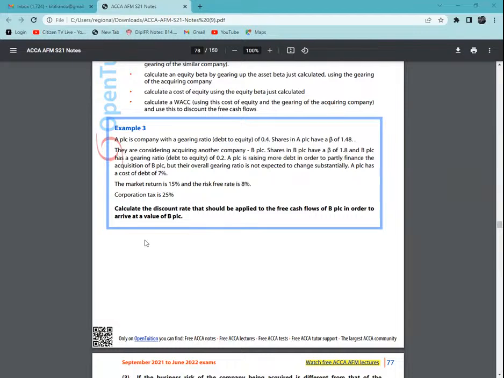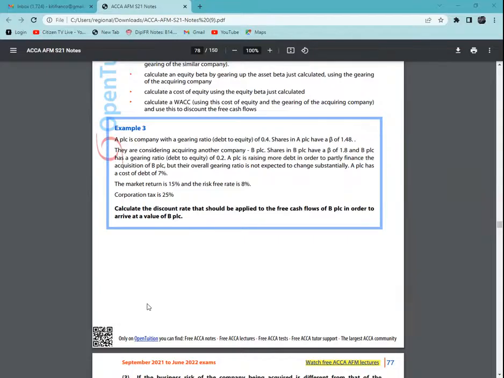Yeah, Mary, I've seen your question. In this one, we are told the APLC company has a gearing, debt to equity, of 0.4. Shares in APLC have a beta of 1.48. They are considering acquiring another company, going into a new business.